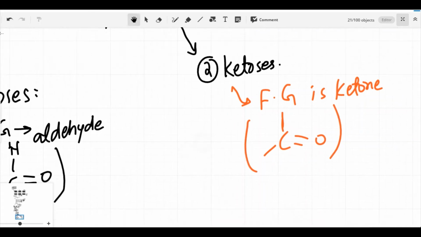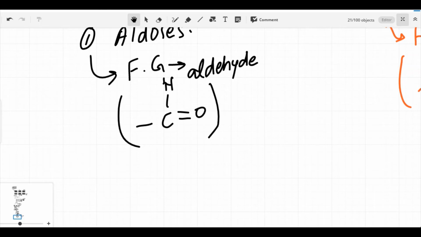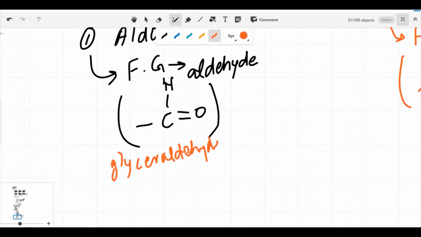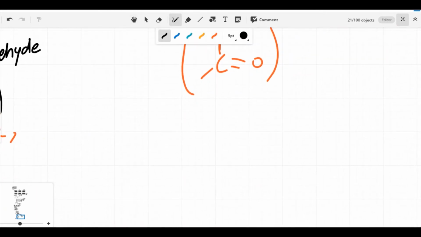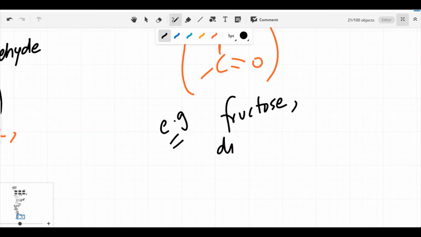For example, the best examples of aldoses are glyceraldehyde and glucose. In the case of ketoses, which means ketone, the best examples of monosaccharides are fructose and dihydroxyacetone.